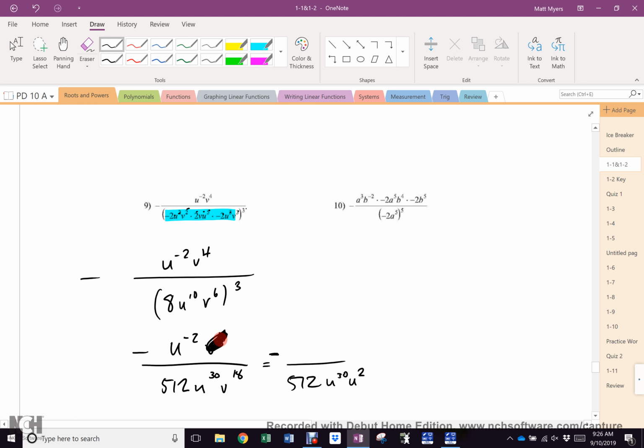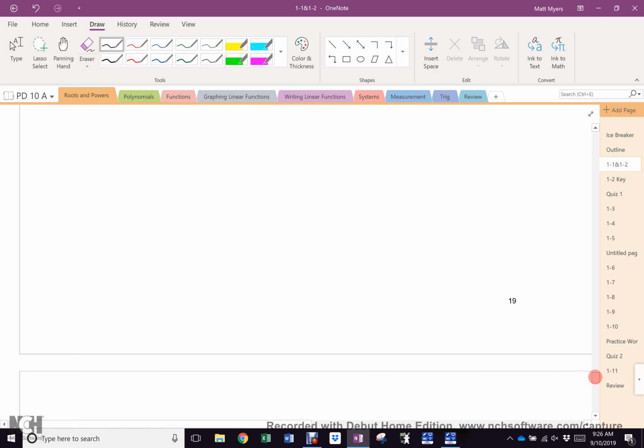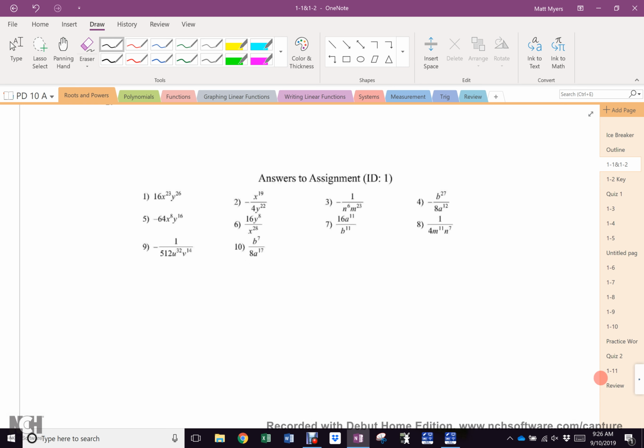No, I canceled 4 of them. So this becomes V to the 14th. Now, can I have 0 up there? No, so it's -1 up top. What do I do with the U and the U? U32, V14.